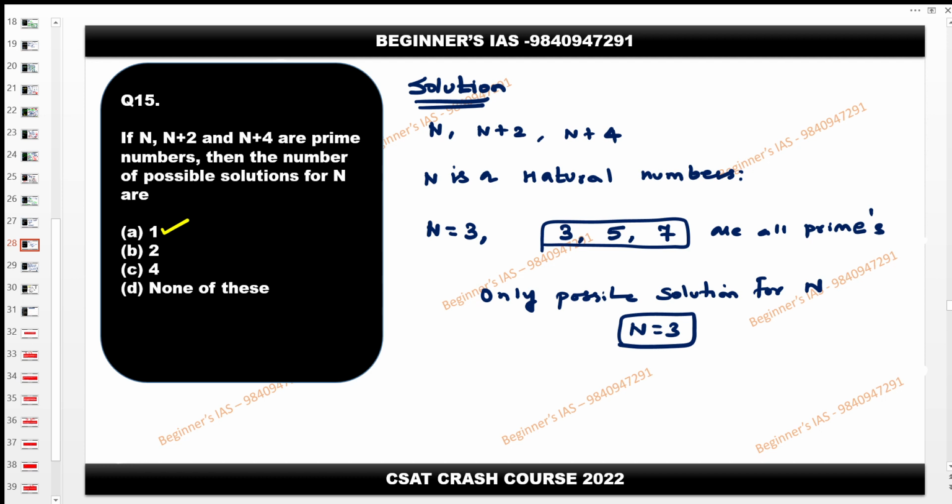The only possible solution for n, since the question is dealing with n, is n equal to 3. So only one is possible. You can ask why not 4? Or you can try 5. When you take 5, then n plus 4 becomes 9, which is not a prime number. Therefore the only possible solution here is n equal to 3. Clear?